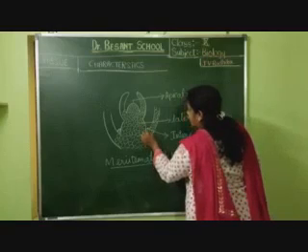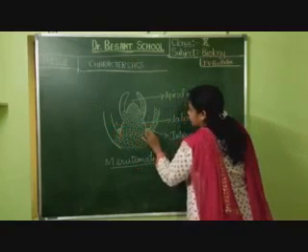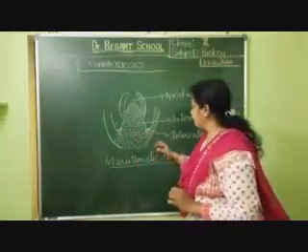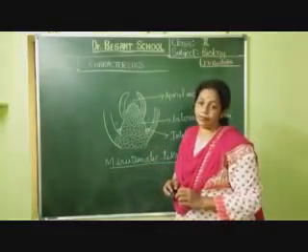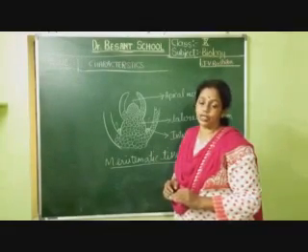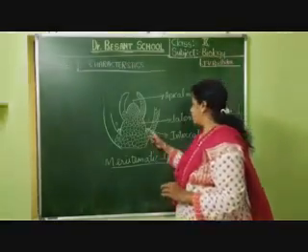From here the new branches can arise like this, so you can see a small area having the meristematic tissue. The intercalary meristem is present at the nodes of the stem, and it helps in the formation of new branches, leaves, flowers, etc. So that is about the intercalary meristem.